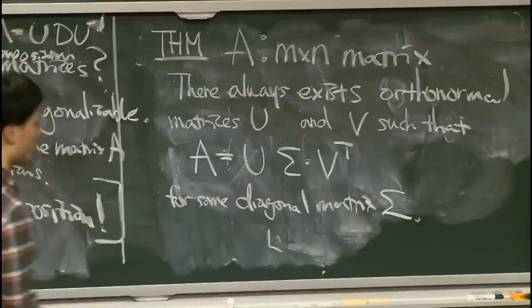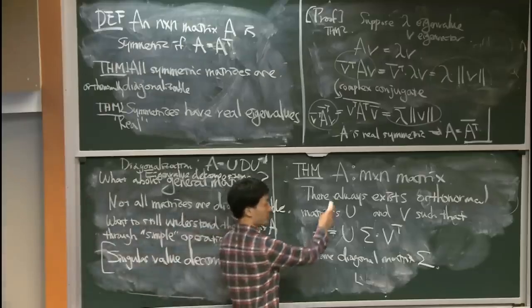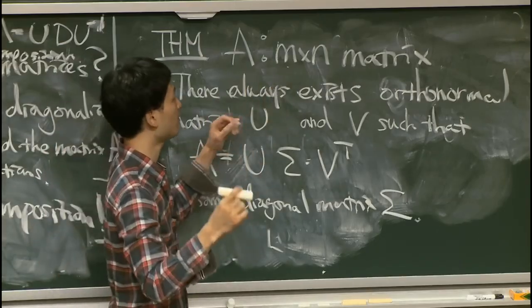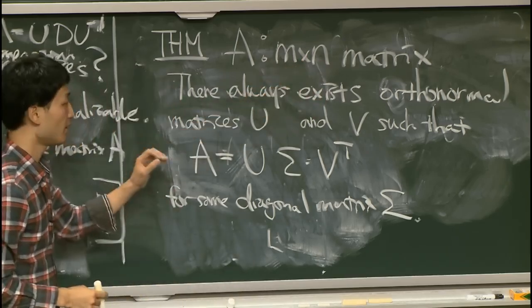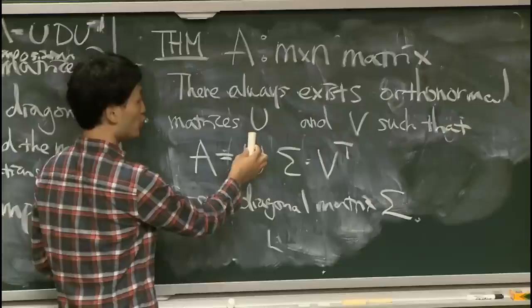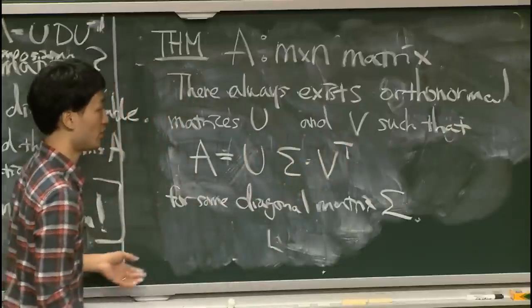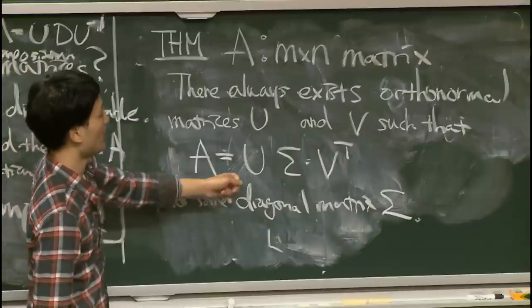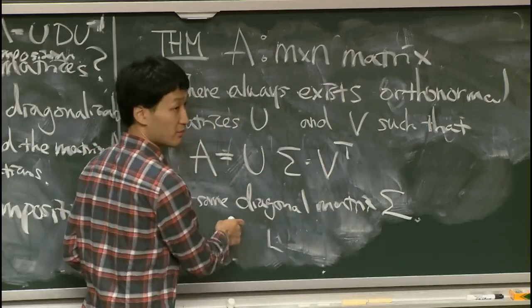Let me parse through this theorem a little bit more. Whenever you're given a matrix, it doesn't even have to be a square matrix anymore. It can be non-symmetric. So whenever you're given an m by n matrix in general, there always exist two orthonormal matrices, U and V, such that A can be decomposed as U times sigma times V transpose, where sigma is a diagonal matrix.